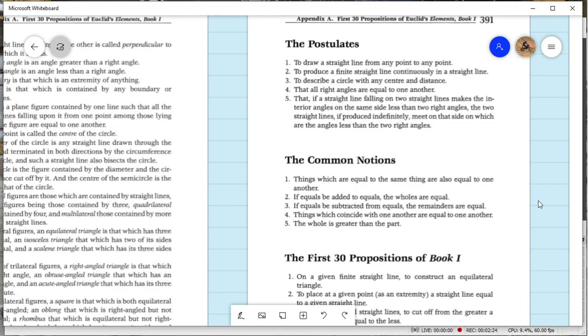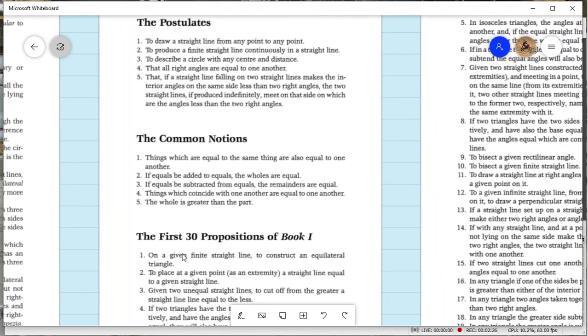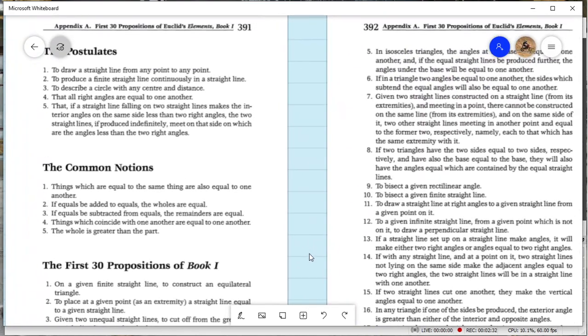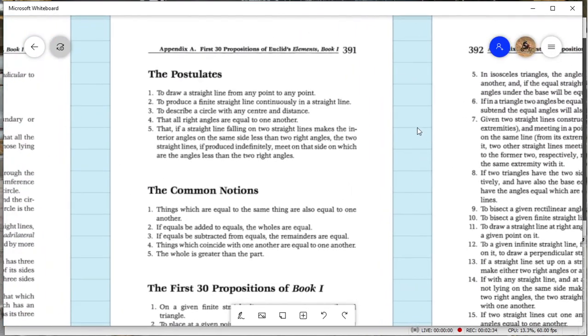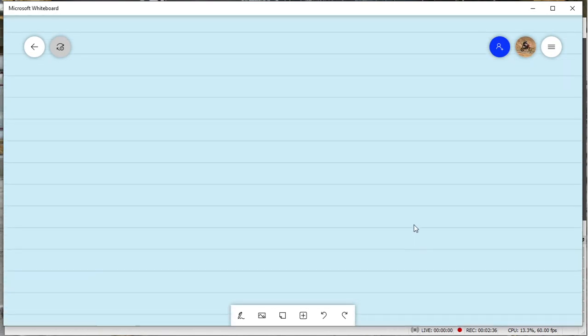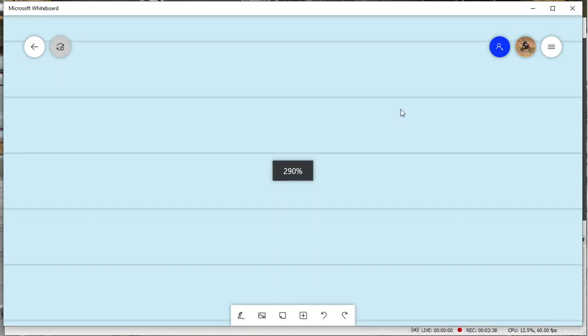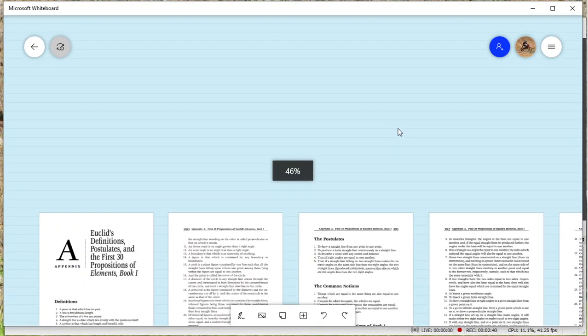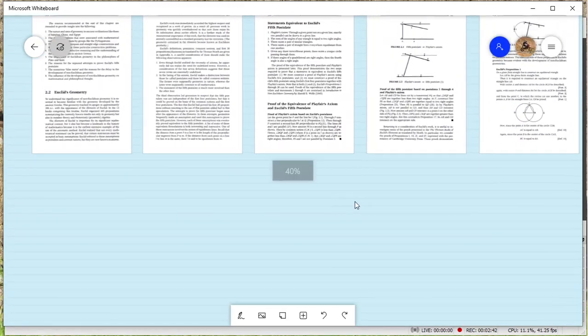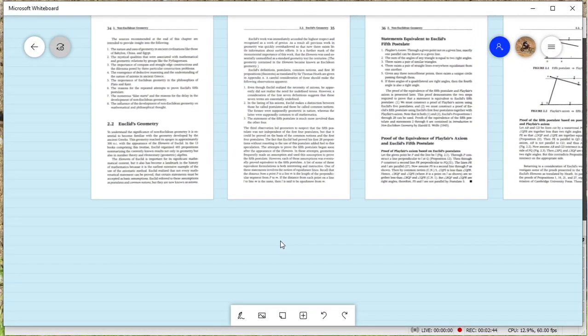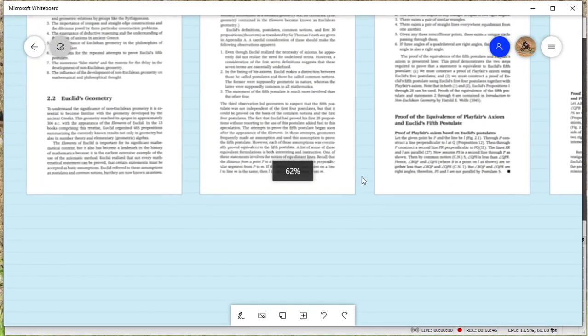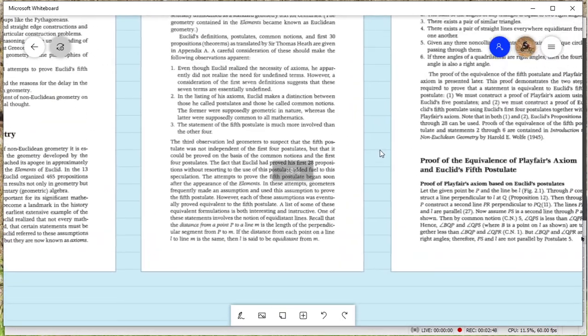Then we have the first 30 theorems or propositions of Book 1 of the Elements. I would just like to highlight 3 of the major observations among early mathematicians about the Elements.